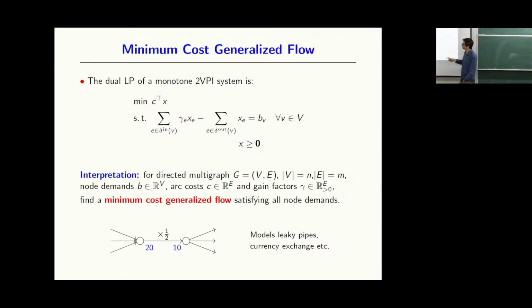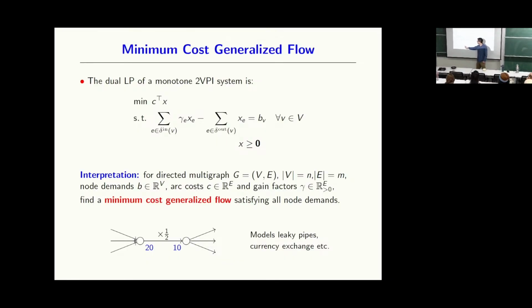Now, that would be regular flow. In this context, where we have these funny multipliers, which are called gains, you have a slight generalization of this, or well, a non-trivial generalization of this. And what's happening is that in regular flow, if I send 20 units of flow out of an arc at the beginning, on the other side of the arc, 20 units of flow would arrive. Right? So I send 20 units out, 20 units arrive.